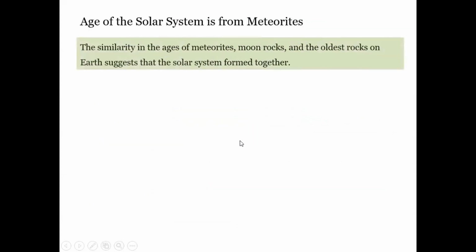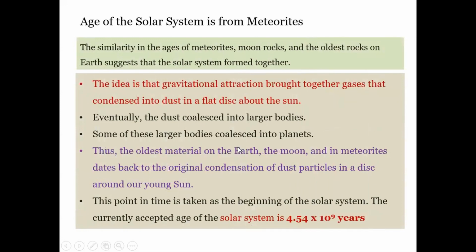Let's talk about the age of the solar system from all this. It comes through meteorites. The similarity in the ages of meteorites, the moon rocks, and the old rocks on Earth suggests that the solar system was formed together. The idea is that gravitational attraction brought together the gases that condensed into dust, and then the dust became a flat disk around the sun.